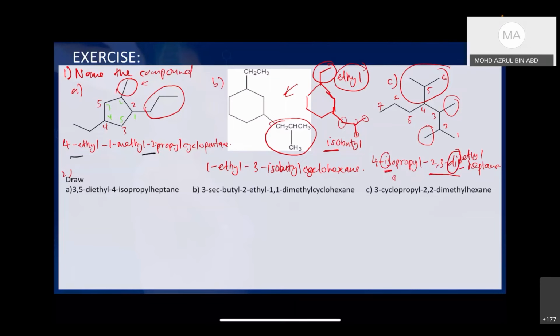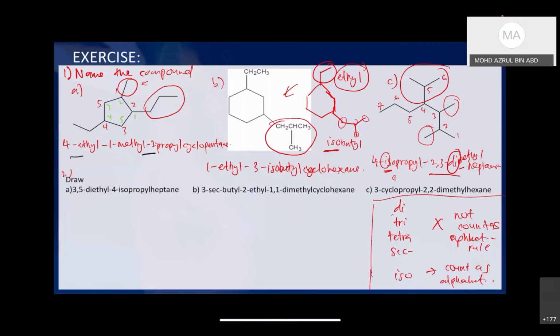You just need to remember, if you find di, tri, tetra or sec, it is not counted in alphabetical rules. But if you find iso, it counts in alphabetical rules. This is our key point.